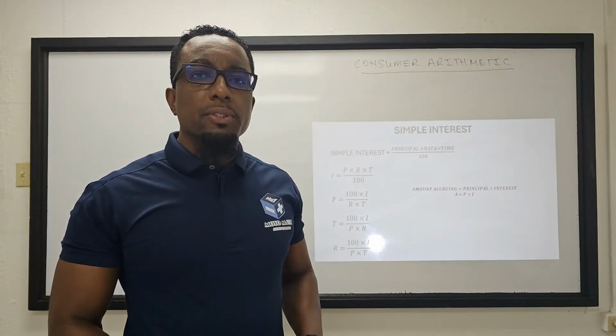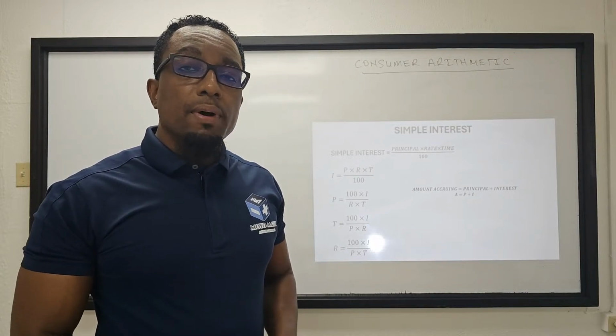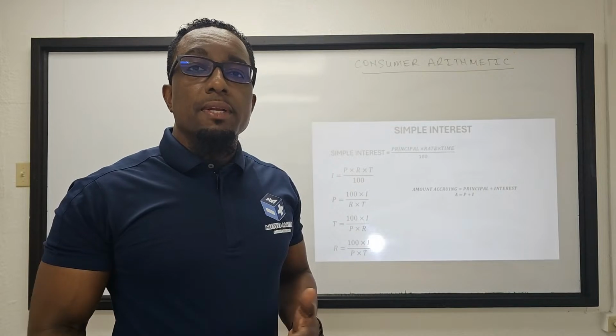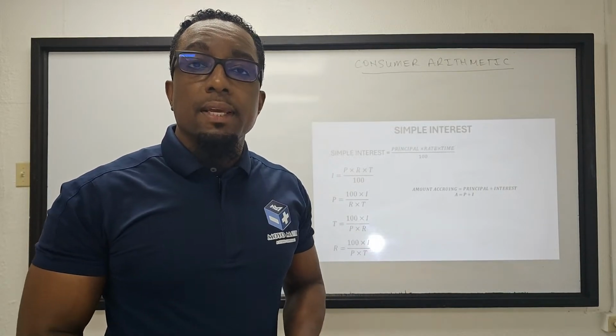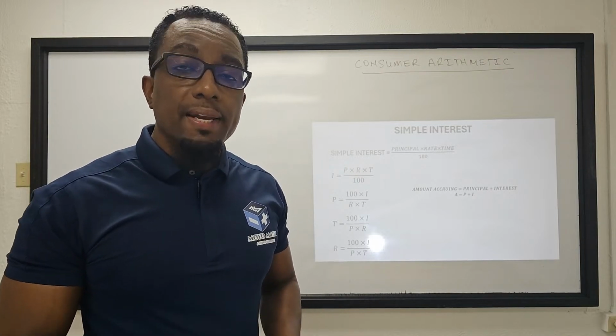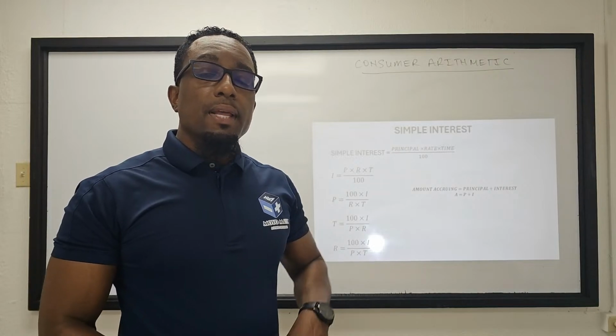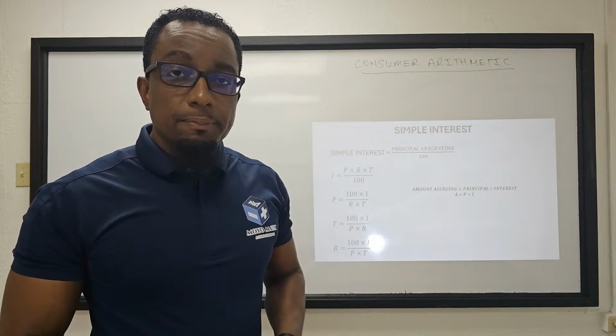As we know, simple interest is equal to principal by rate by time all over 100. Simple interest involves taking a loan, or having money saved in your account at a financial institution. The money that you borrow or the money you have saved is known as the principal.